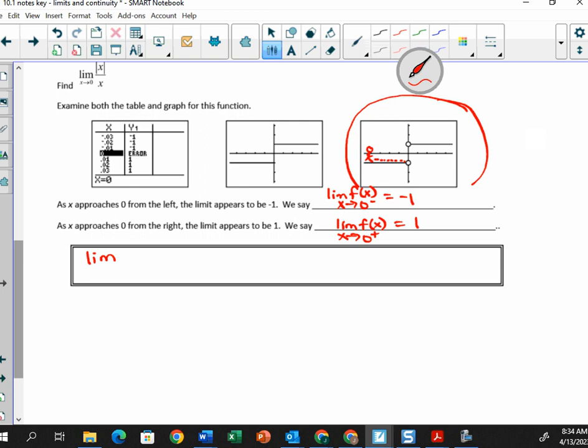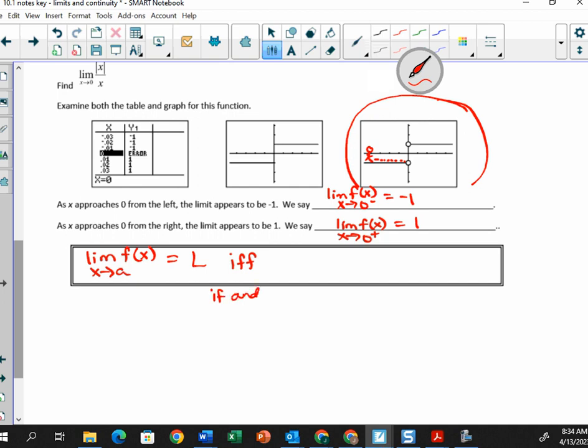All right, guys, so a little generalization here. The limit of f of x as x approaches a equals capital L, whatever the y value is, if and only if. Do you guys remember this IFF from geometry? You can write out if and only if, if you would like to.